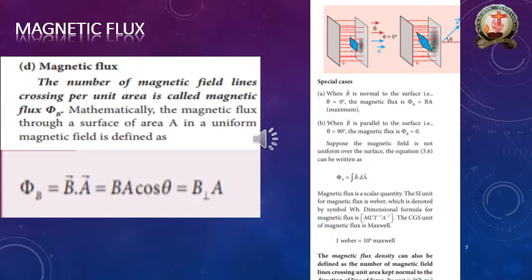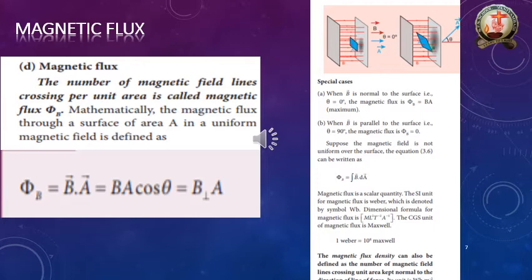Okay, whenever you are using this magnetic flux formula, phi suffix b is equal to B bar dot A bar, it is only for uniform magnetic field conditions, not non-uniform magnetic field conditions, because one more formula is there for the condition of non-uniform magnetic fields.